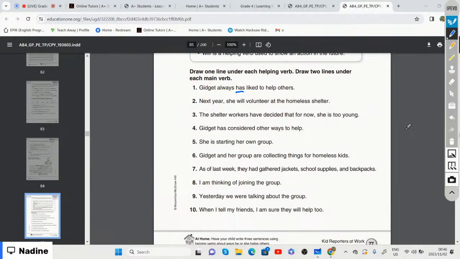What is the main verb by number 2? All right, so if we select the main verb, then it is volunteer. And if we select the helping verb, then it will be will, right?